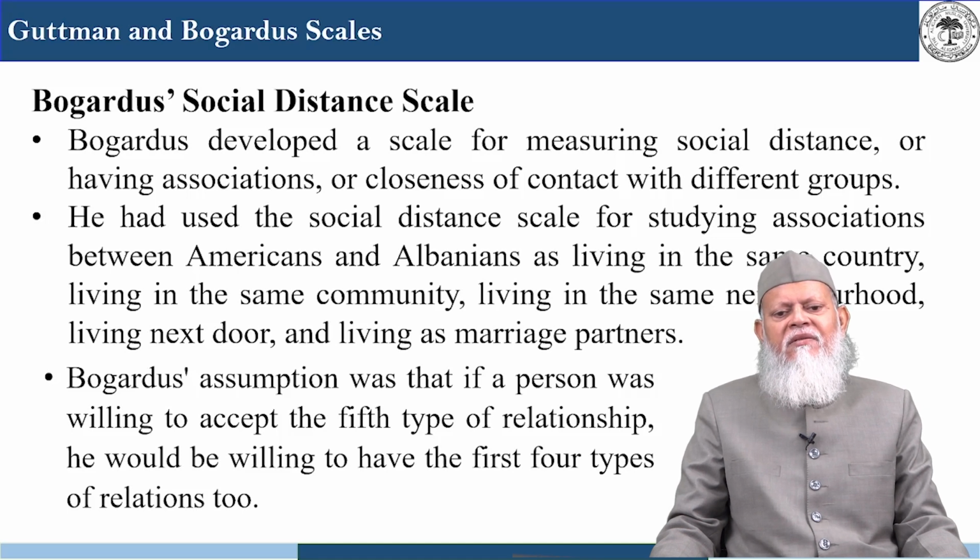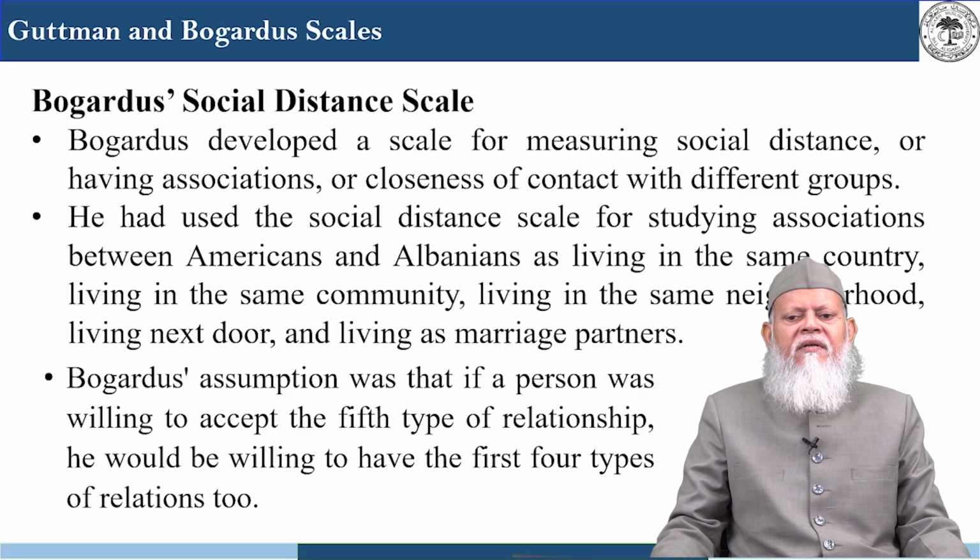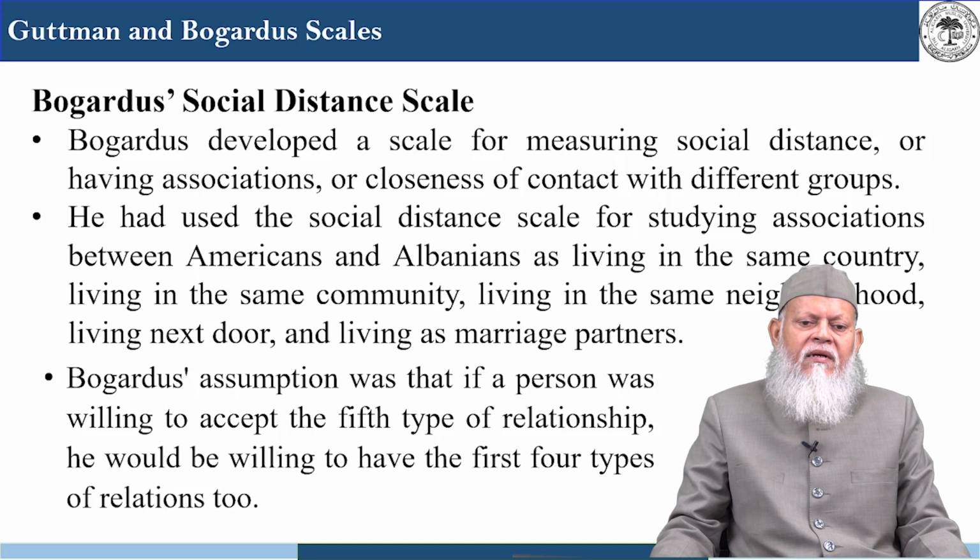These are the various kinds of Bogardus scale concerning the Americans and Albanians. First, living in the same country, second, living in the same community, third, living in the same neighborhood, fourth, living next door, and fifth, living as marriage partners.